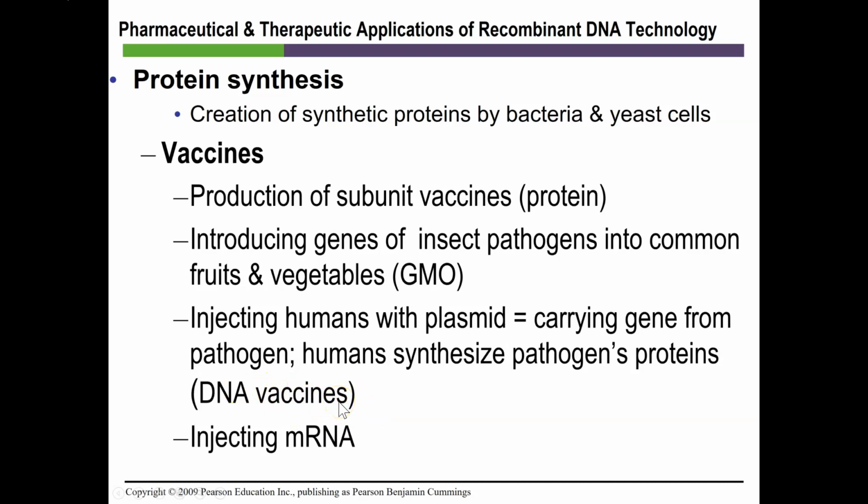The concept behind this type of approach is that once the DNA gets into the cell, it will travel to the nucleus and then the genes are transcribed. The mRNA will leave the nucleus and go into the cytoplasm where it would be translated. The human cells would synthesize the pathogen proteins encoded in the DNA, and that will stimulate immunity.